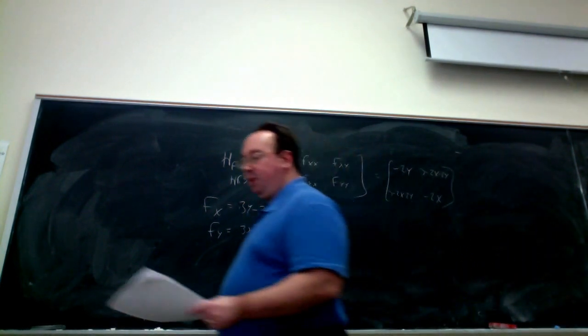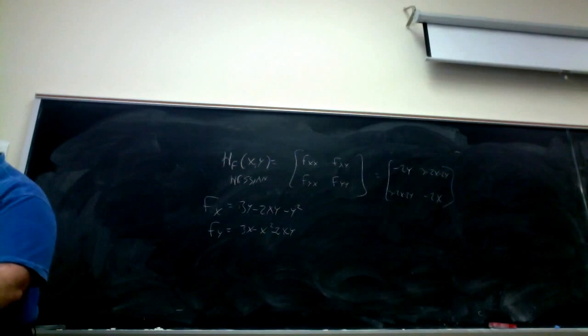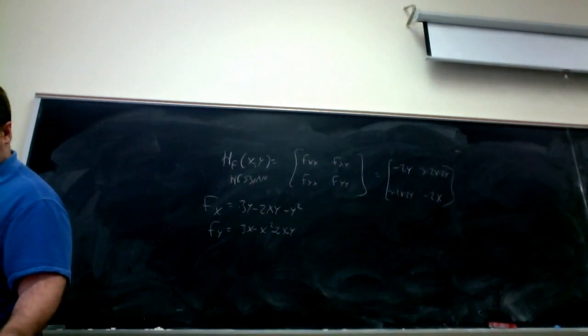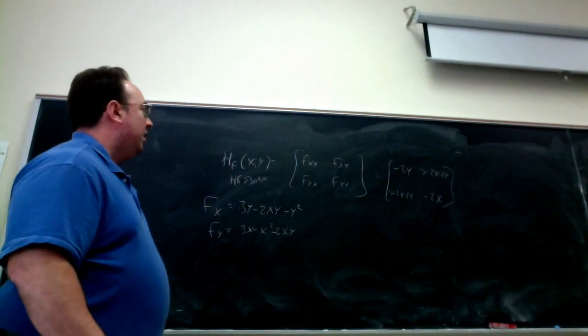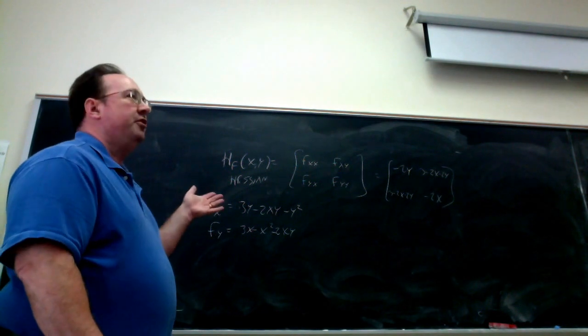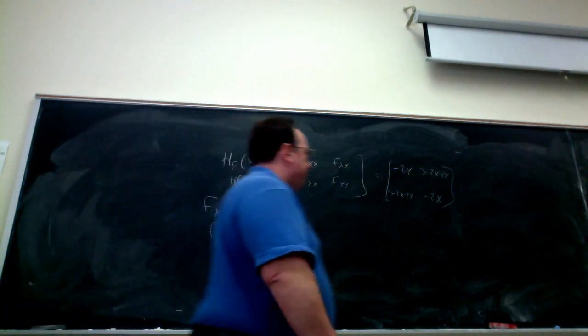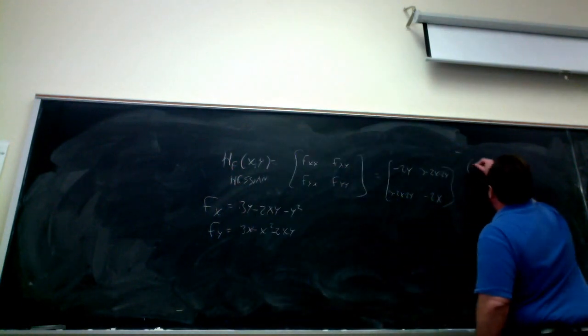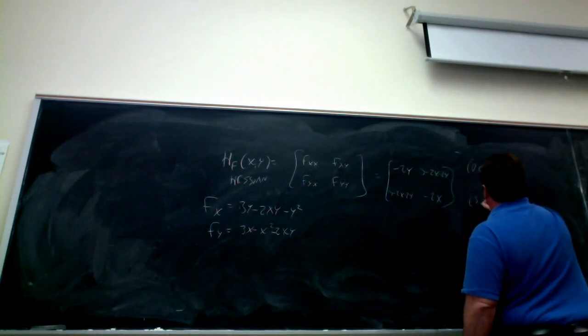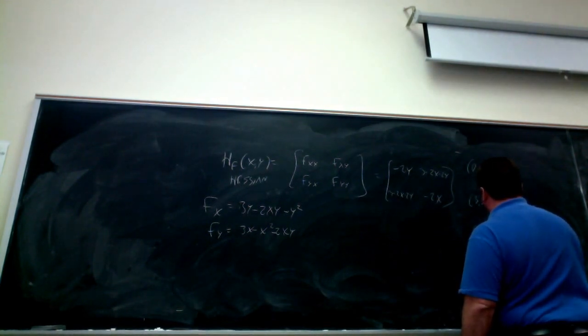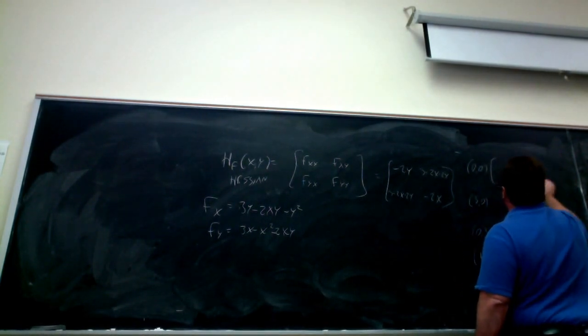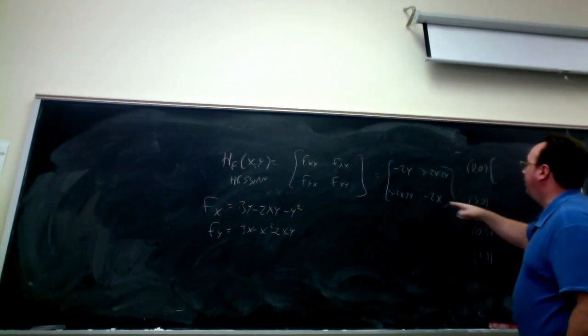Now, before you go any further, because you have to take the determinant of this, you might as well wait until you've plugged in all the numbers. So we have 4 critical points: (0, 0), (3, 0), (0, 3), and (1, 1). We plug in (0, 0) into that.